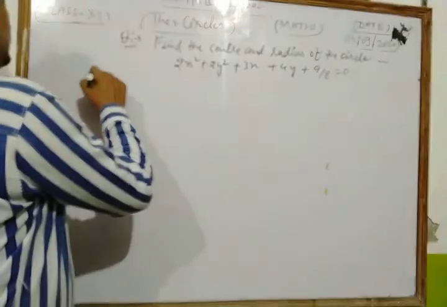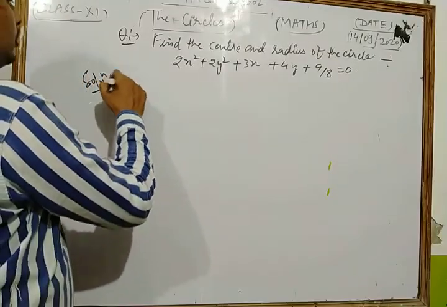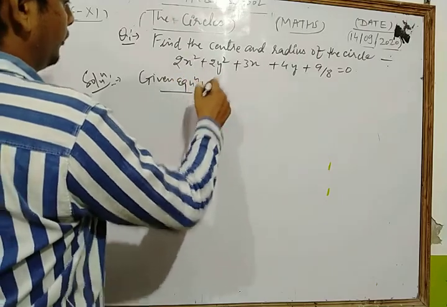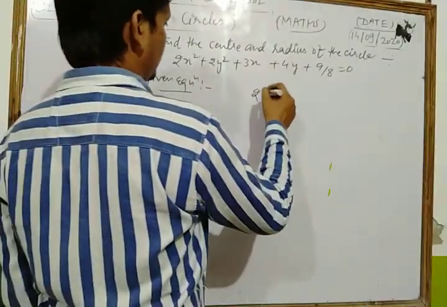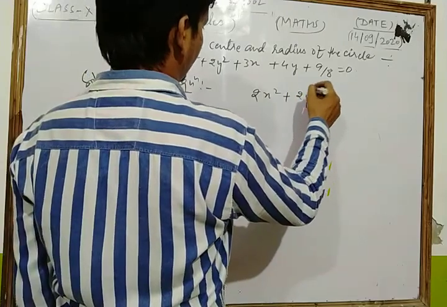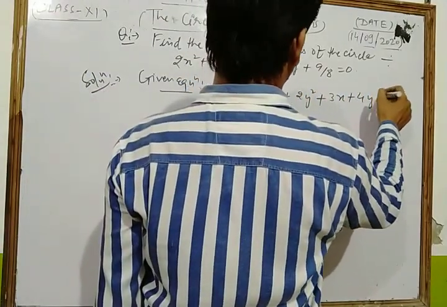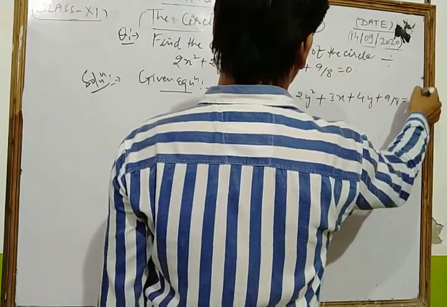Let's see its solution. First of all, dear student, we write the given equation: 2x² + 2y² + 3x + 4y + 9/8 = 0.